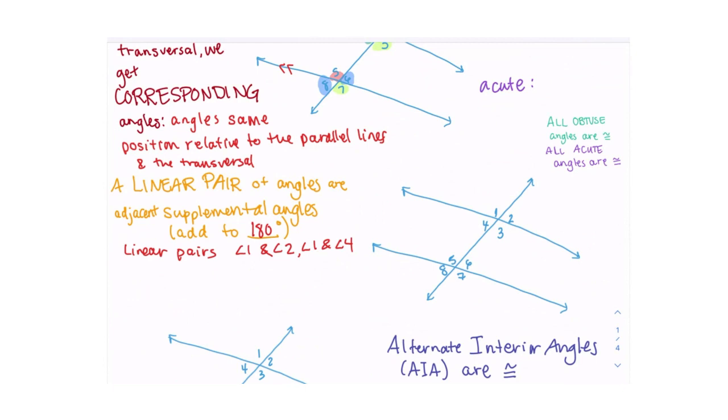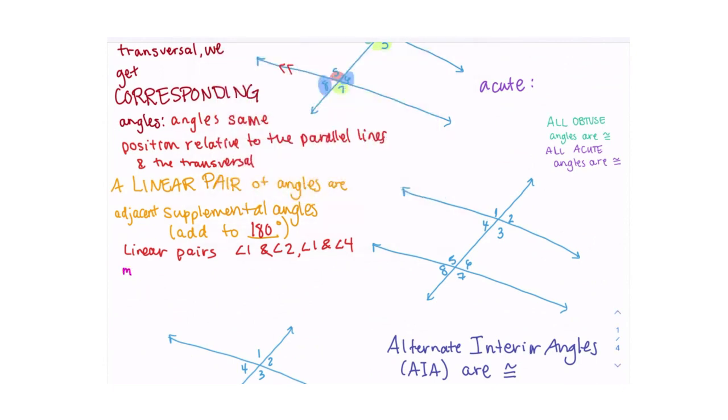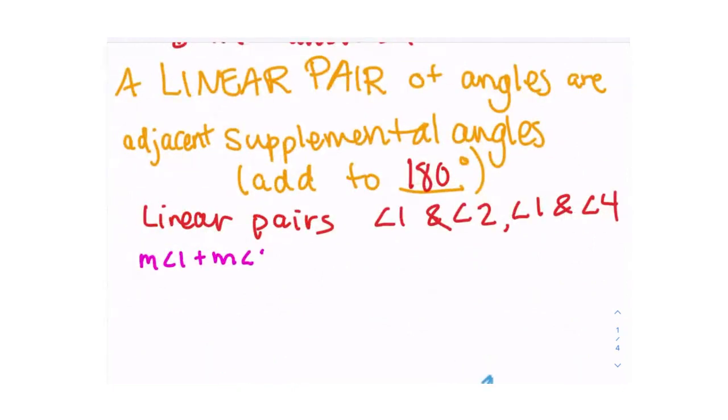And with that, we know that they add up to 180. If we wanted to write it, the measure of angle 1 plus the measure of angle 2 is equal to 180 degrees. We could also say that the measure of angle 1 plus the measure of angle 4 equals 180 degrees.